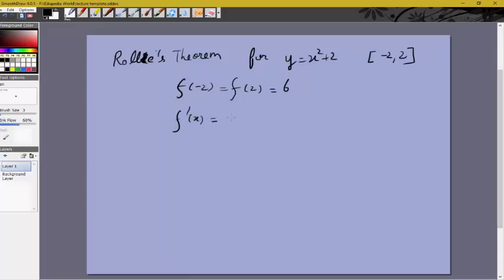The derivative 2x is 0 at x equal to 0, and we can see that this point is indeed between -2 and 2.